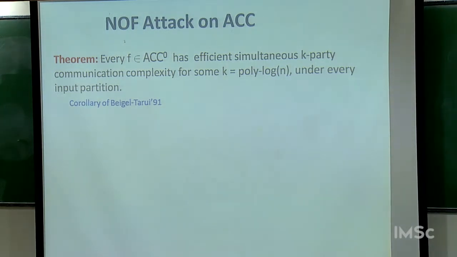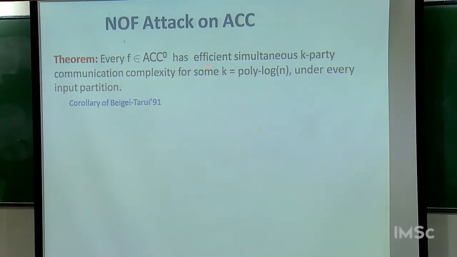It says that every function in ACC0, in other words, computable by polynomial size circuits of constant depth comprising just AND, OR, and MOD m gates, has an efficient simultaneous k-party communication protocol. Remember, every protocol has cost at most n, and here efficient means polylog in n.